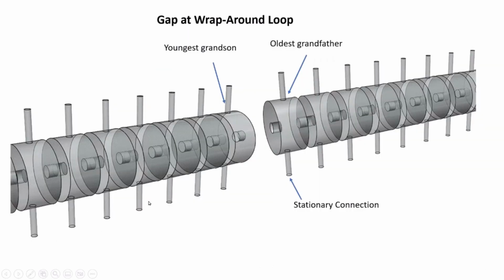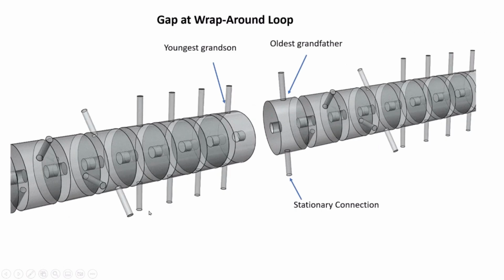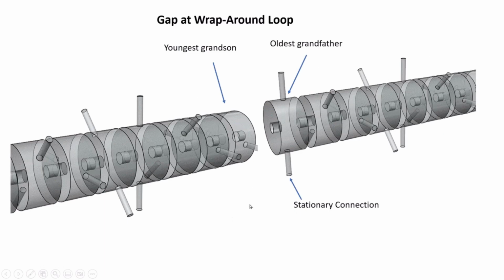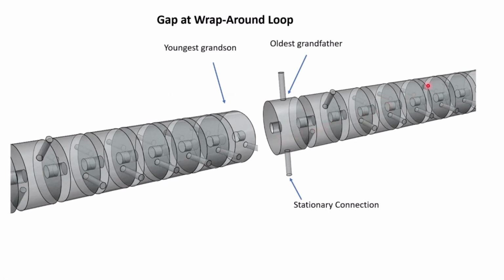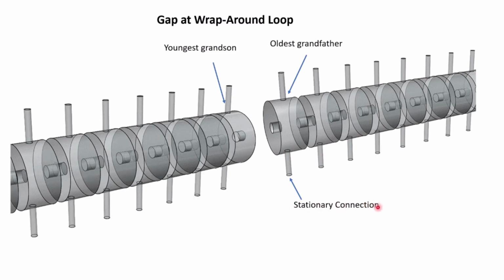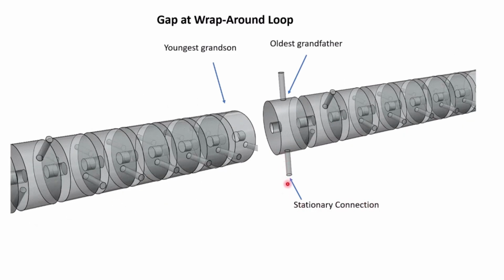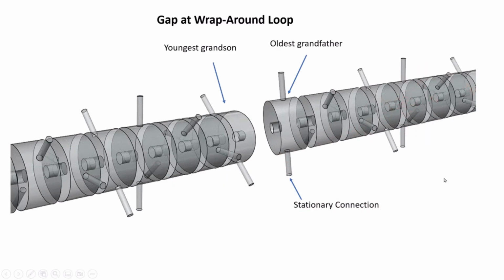And now, again, this is just another generic description to help you understand what's going on in the simulator. If you take this section here on the right, the first element is the oldest grandfather, and it is fixed in space and doesn't move. The additional elements added rotate, and as each one rotates, its adjacent one goes along for the ride.